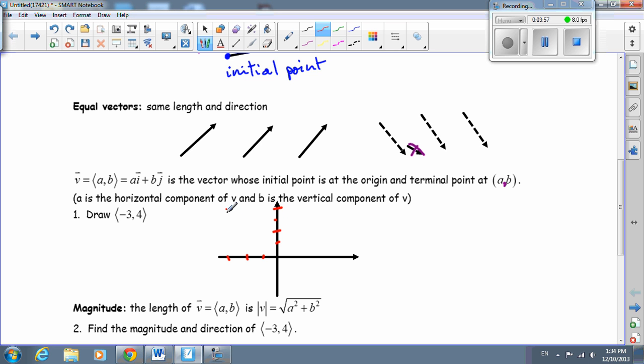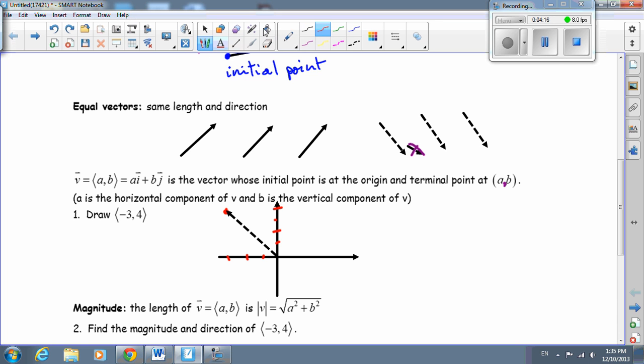The point that I get at the end is my terminal point. To graph this vector, I'm going to make it a dotted line from the origin all the way to this red line. And that's the vector v.